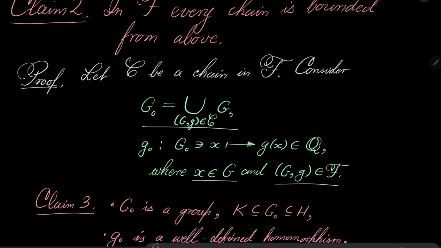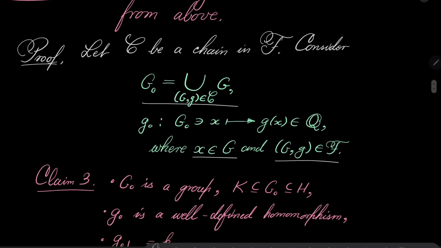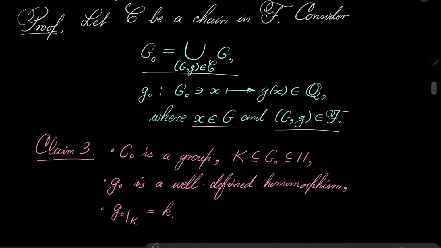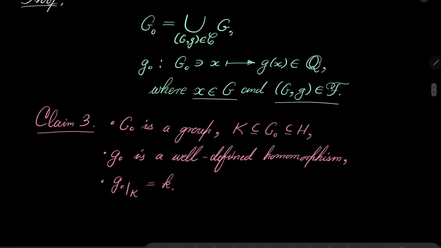I claim a few things about this construction. Well, first of all, G0 is a subgroup, which is between K and H. Moreover, I claim that g0 is well defined, and it is a homomorphism. And moreover, g0 restricted to K equals k. Right. This will take a while to prove.